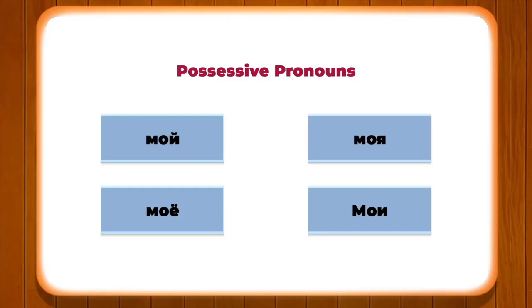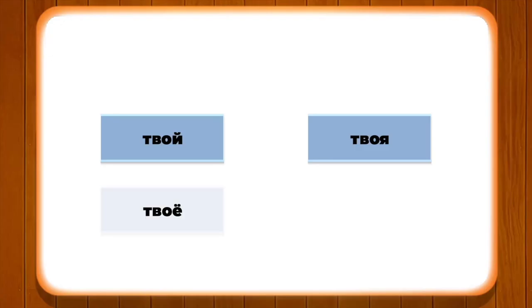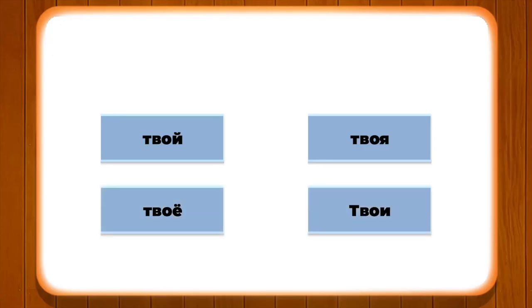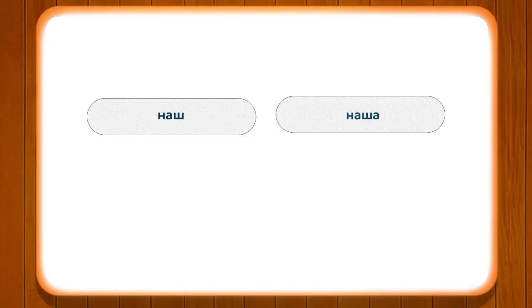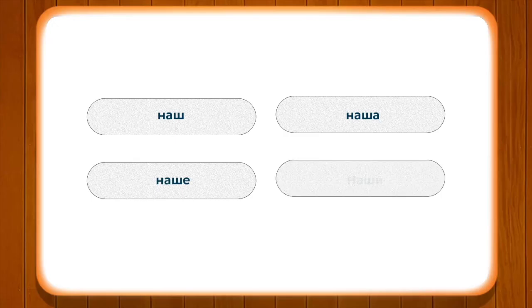Alright, okay, now let's go ahead and look at the rest of the possessive pronouns we have. Твой, твоя, твоё, твои means your. Now let's go ahead and look at the next. Наш, наша, наше, наши.